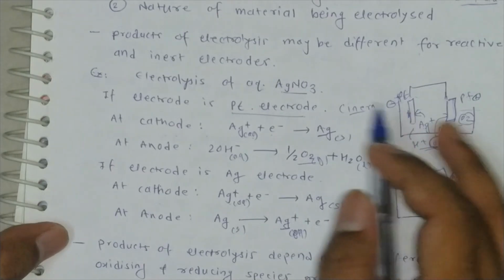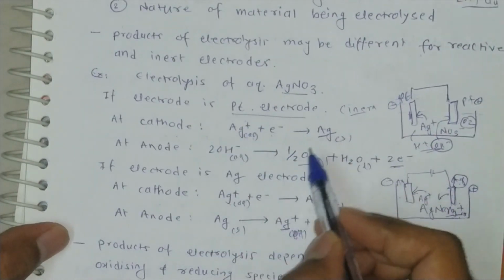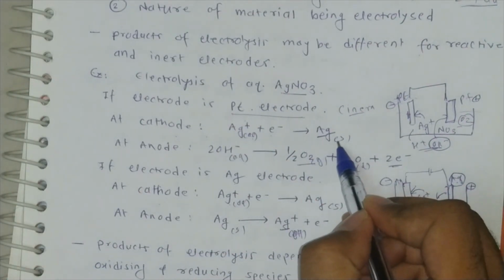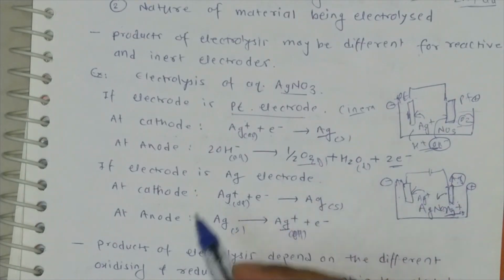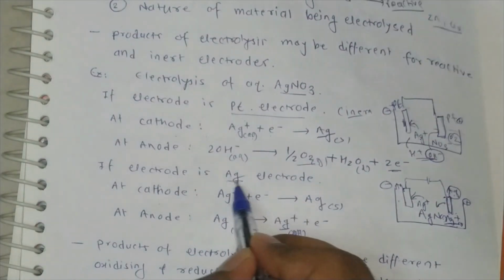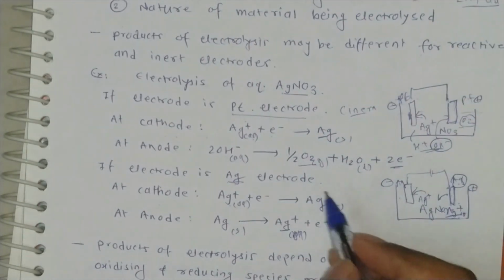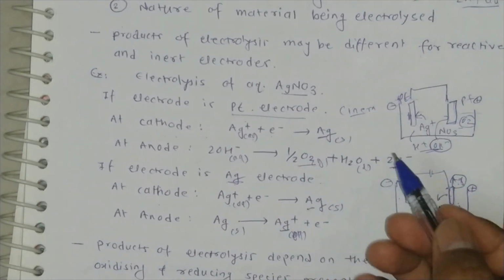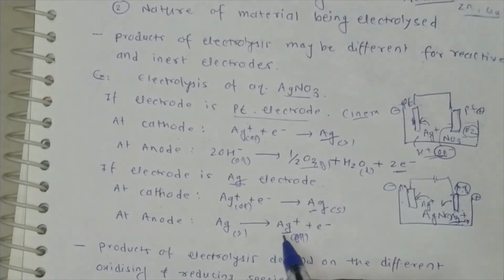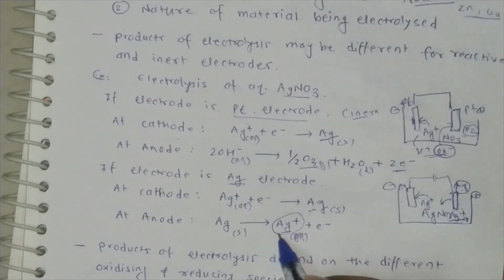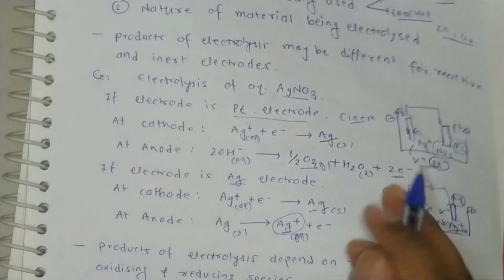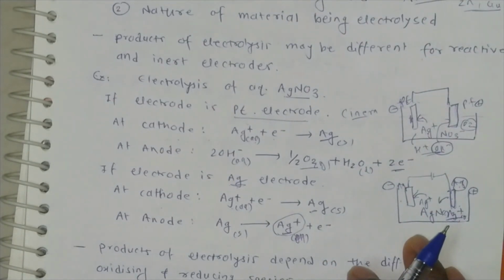Now in the case of inert electrodes, the products are silver solid and oxygen, whereas in the case of a reactive electrode like silver, in the electrolysis of aqueous AgNO3, we get silver deposited at the cathode and formation of silver ion at the anode, not oxygen. So there is a difference in the products formed.